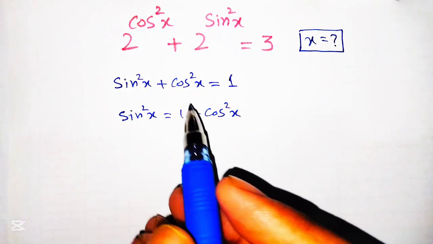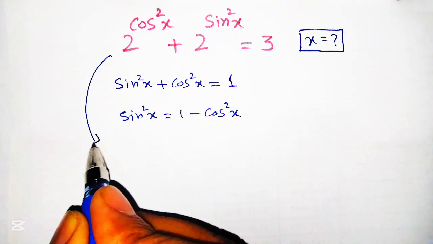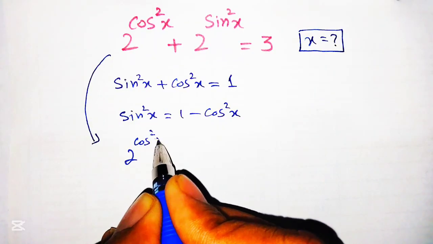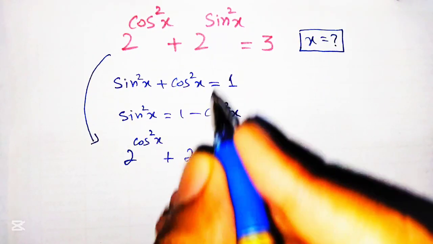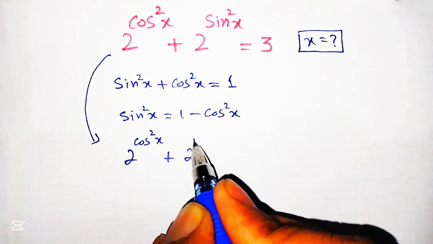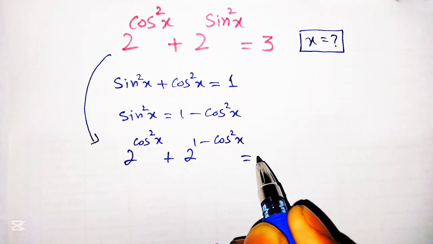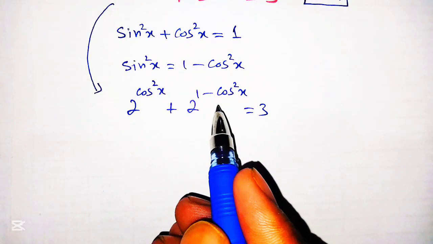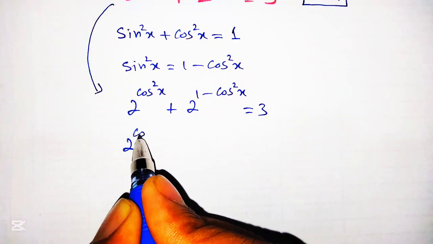Putting this value in the above equation, it will become 2 raised to power cosine square x plus 2 raised to power 1 minus cosine square x is equal to 3.